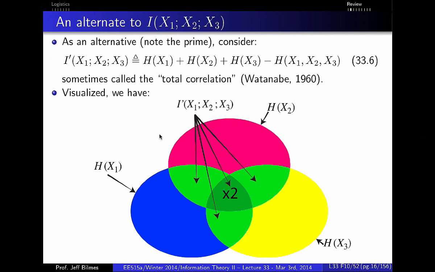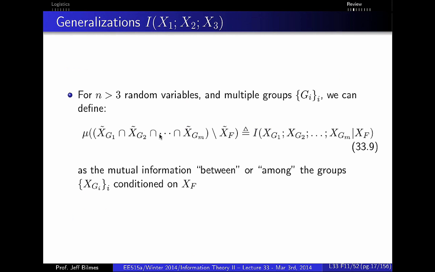We also defined this quantity here, which is the area in green, where the center thing is counted twice. It's called the total correlation of the 3 random variables. You can generalize that to multiple random variables. It was defined in 1960, in fact. It was a reference I forgot to mention last time.